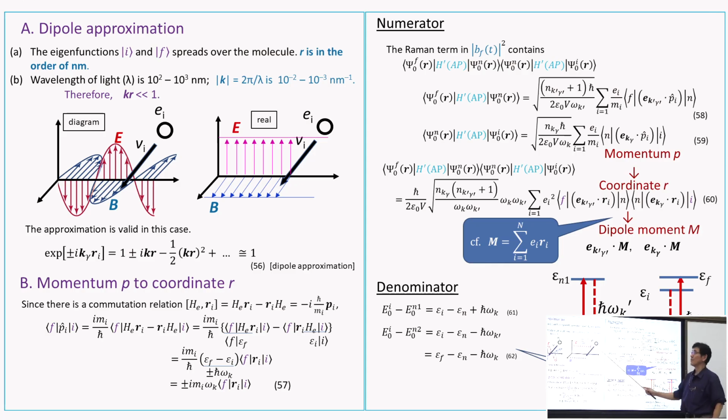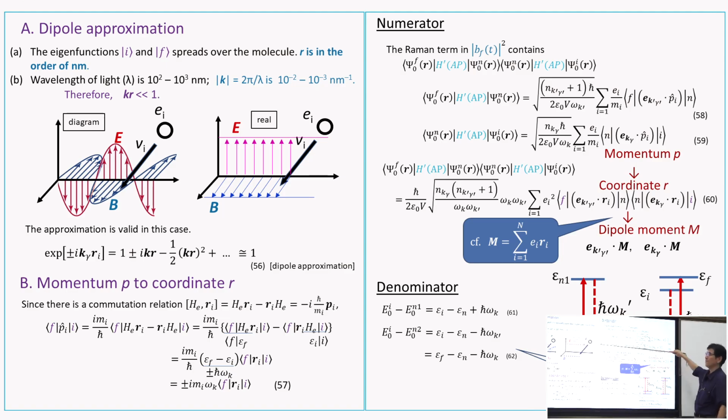The molecule is in the order of a nanometer. For the electromagnetic field, one period is 500 nanometer, 100 times different. So when we focus on the size of the molecule, the electromagnetic field should be almost constant, not such a curving.